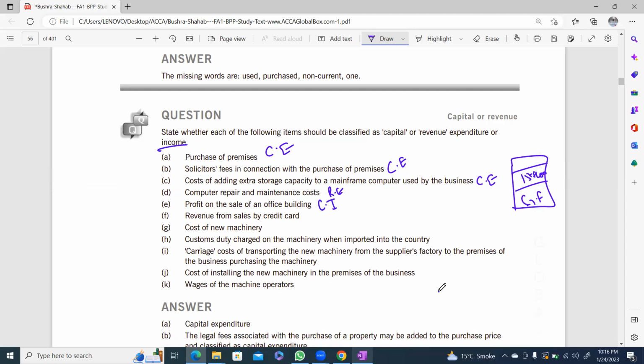Customs duty charged on machinery when imported into the country. Miss, capital expenditure. Yeah, it's capital expenditure. Carriage cost in transporting the new machinery from the supplier's factory to the premises of the business purchasing the machinery.